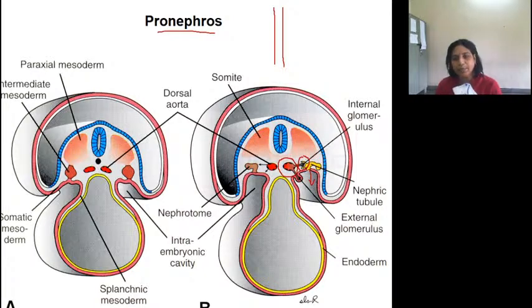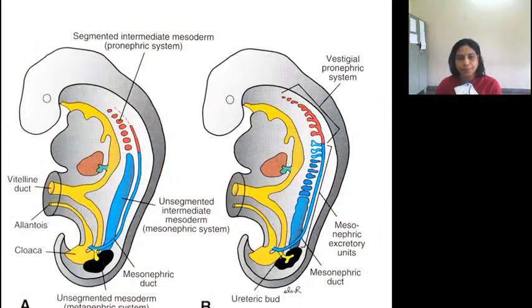The excretory products of the pronephros will go into the coelomic cavity through the external glomerulus, and their collecting system is not much developed. We don't see any remnants of the pronephros in human beings, but only in the fourth week of intrauterine life we see the pronephros.